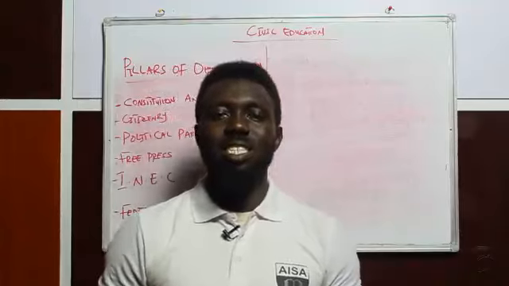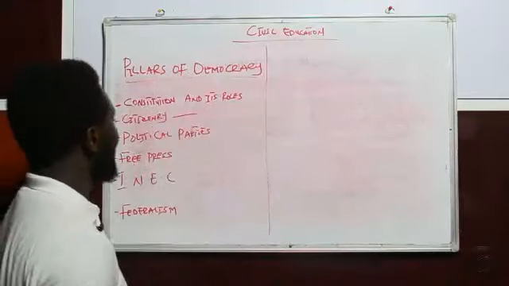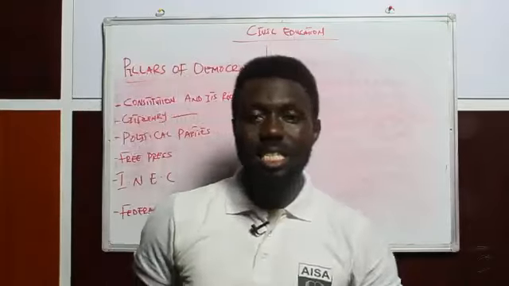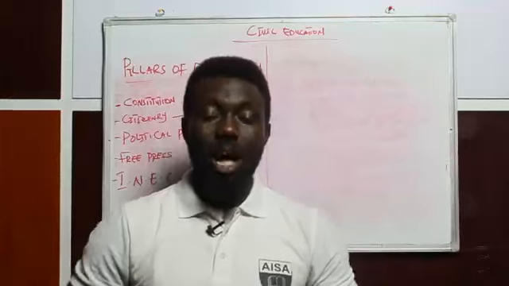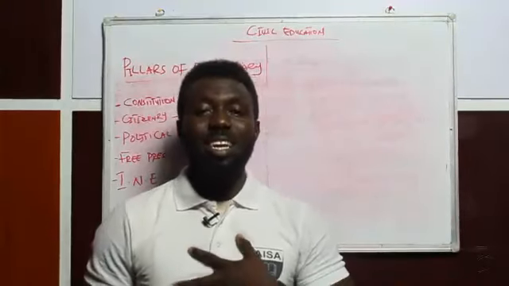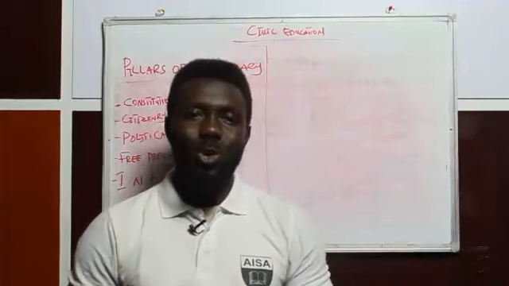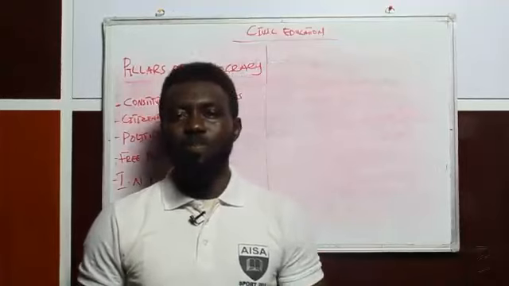Now, let us move to the next pillar of democracy, the citizenry. Of course, I'm a citizen, you're a citizen of Nigeria. How are we a pillar of democracy? How are we an institution to ensure the observation of true democracy? Picture this.